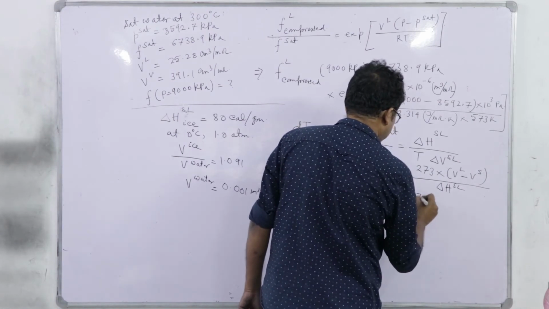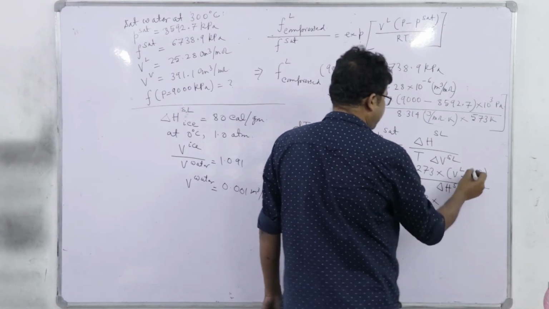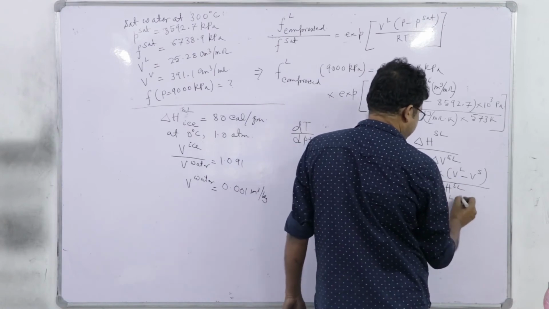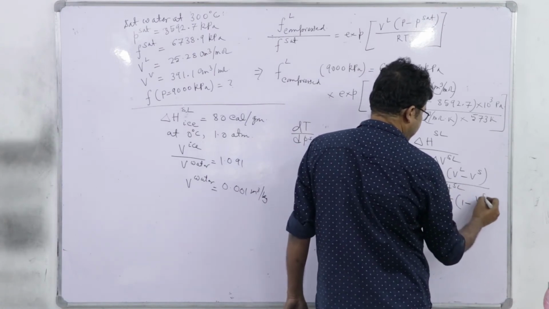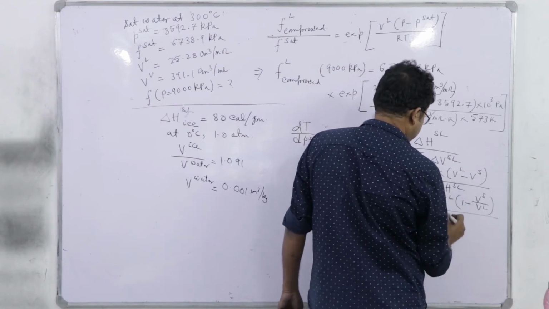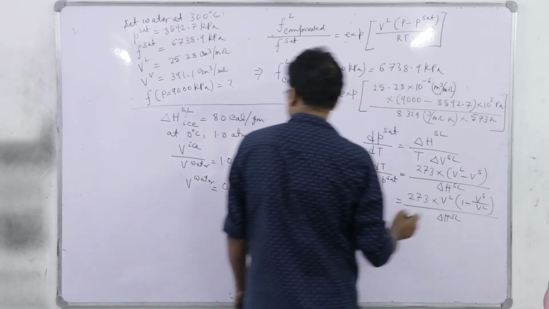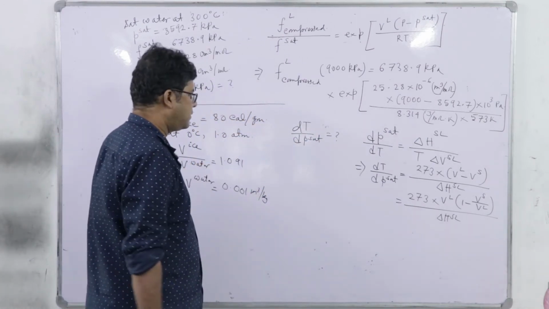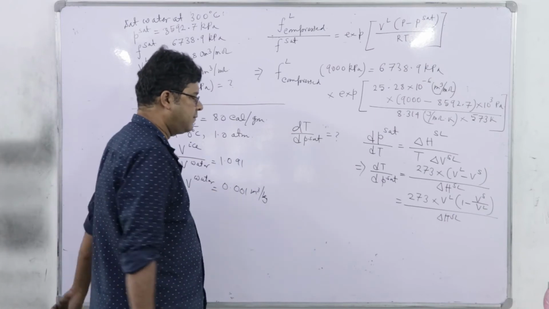So, it is 273 into VL, water is given, so if you consider VL, 1 minus Vs by VL, divided by delta HSL. You substitute the ice to water volume, it is higher, so it will be negative, right.